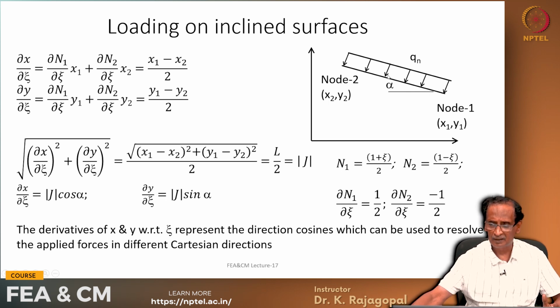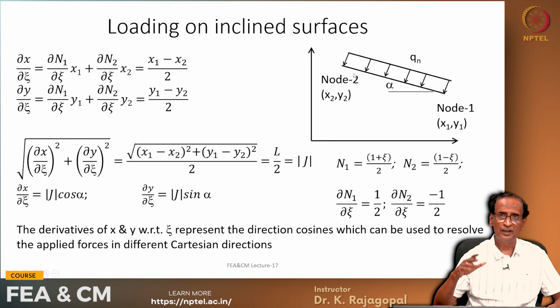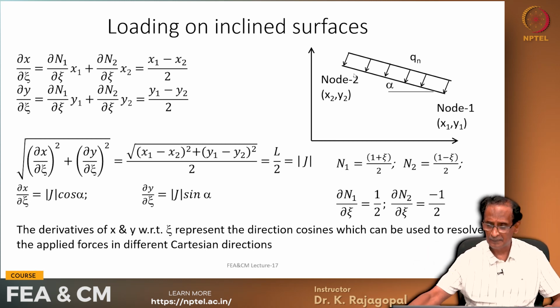Let's take an inclined case like this, wherein our surface is inclined at an angle of alpha, and we have node 1 and node 2, and once again we number in the anti-clockwise direction.